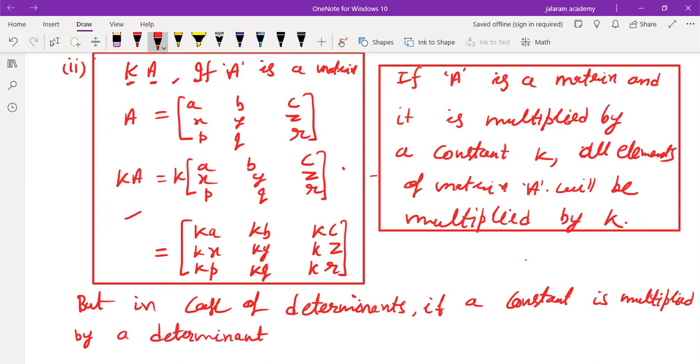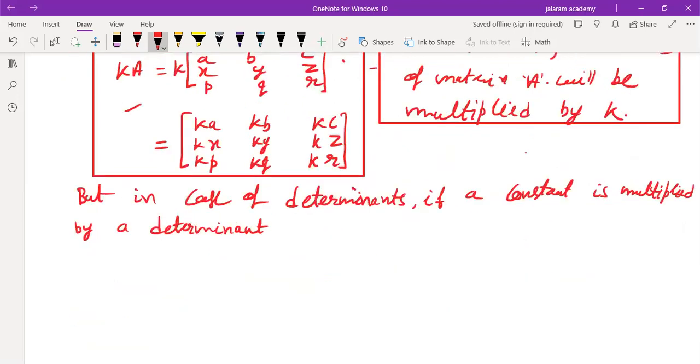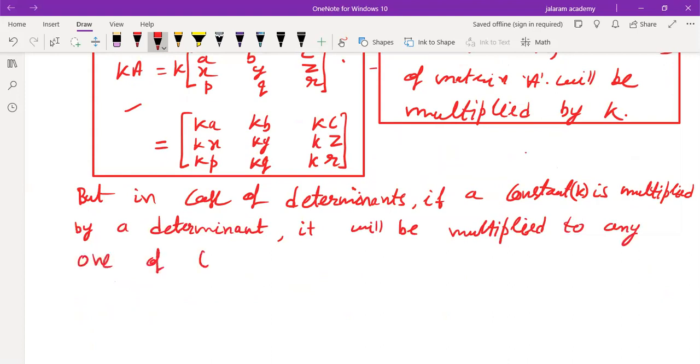If a constant k is multiplied by a determinant, it will be multiplied to any one of the rows or any one of the columns.